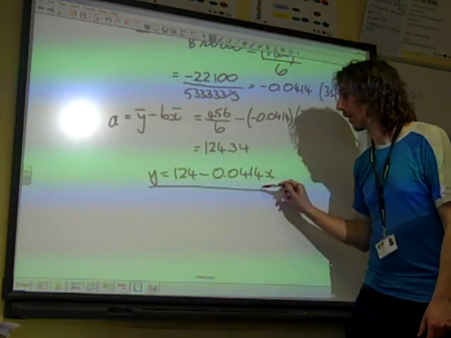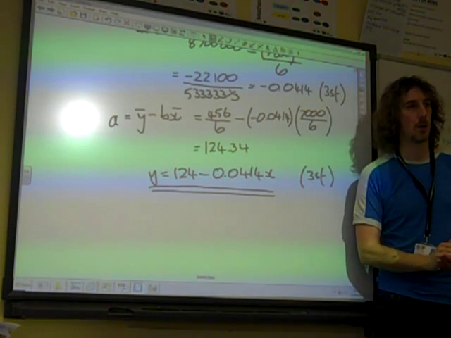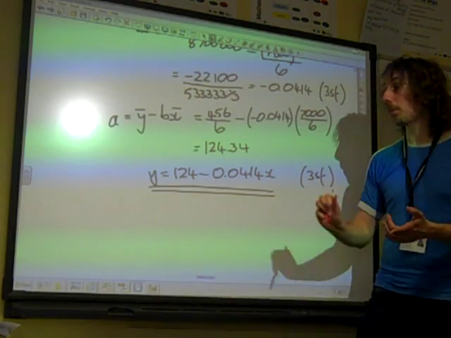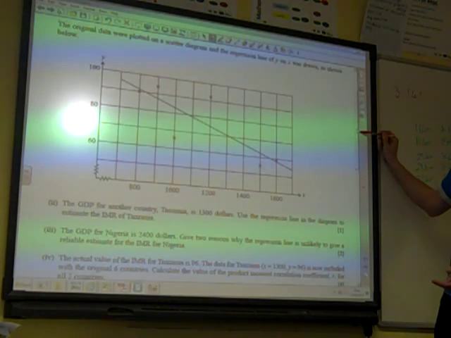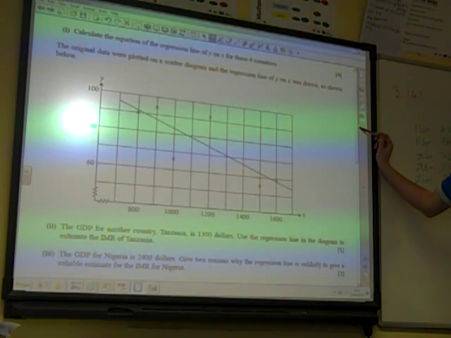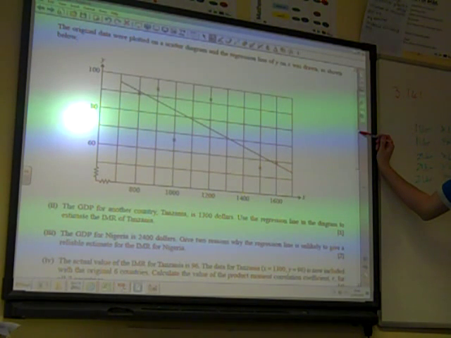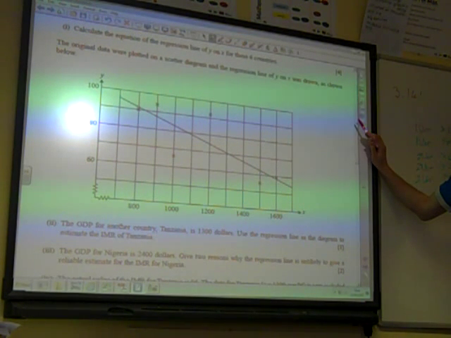And there we go. That's giving our coefficients to 3 significant figures. Having got that, part 2 says the GDP for another country, Tanzania, is $1,300. Use the regression line in the diagram to estimate the IMR of Tanzania.